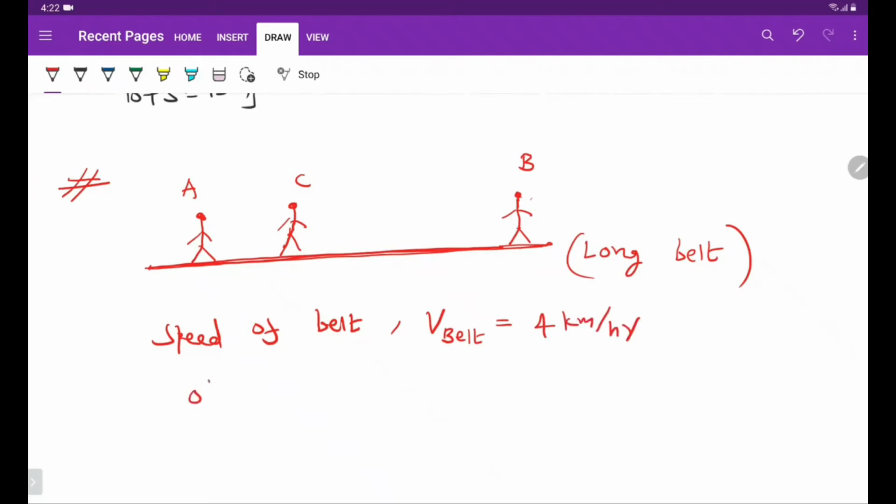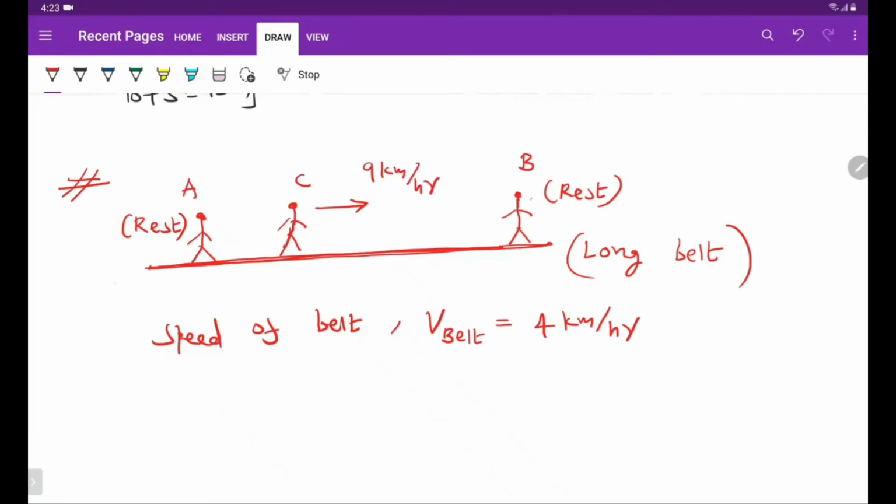Observers A and B are at rest. So here observers A and B are at rest. Observer A is at rest. Observer B is at rest. Only C is moving right side. So the velocity of C is 9 km per hour.